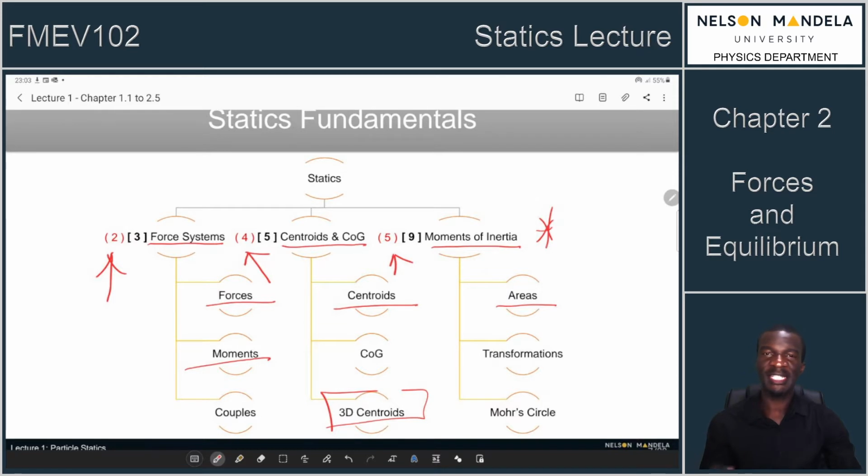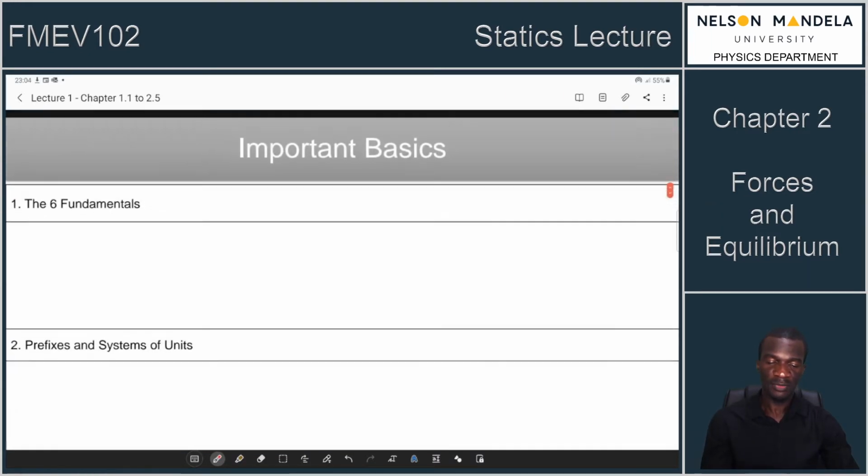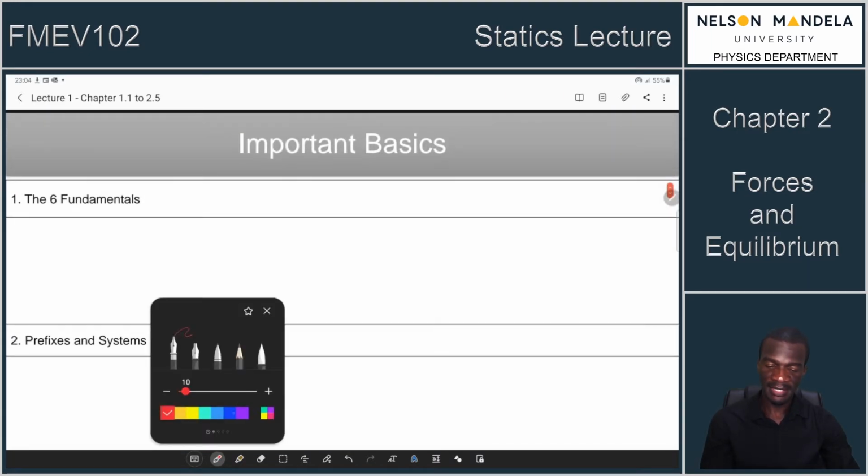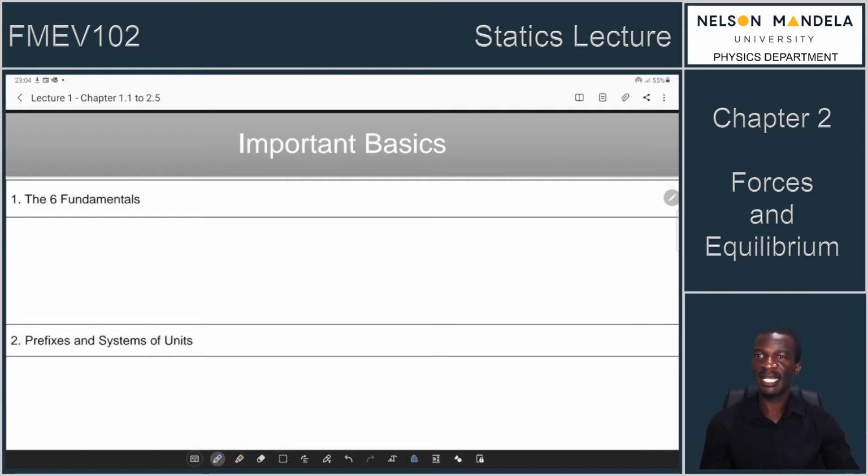So if I would give you a hint as to the most important things, I even got a recommendation from Prof. Bota about, please, the radius of gyration and the moments of inertia. Master these concepts. This is what you will need to use in dynamics later on. Right, so we've summarized the topics that we will cover. Chapter 1 of this textbook by Beer and Company is a very important chapter.